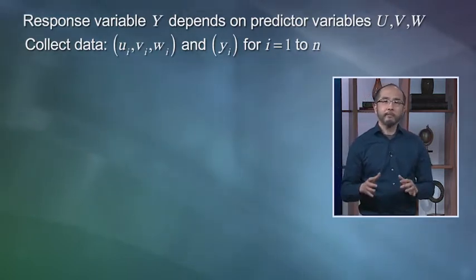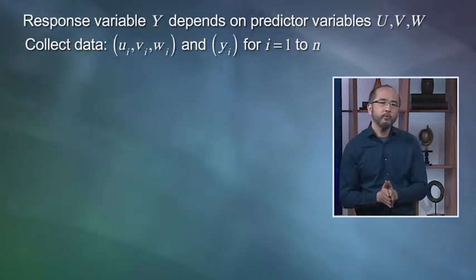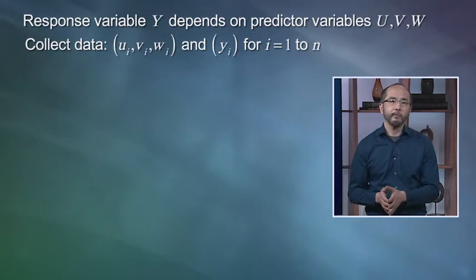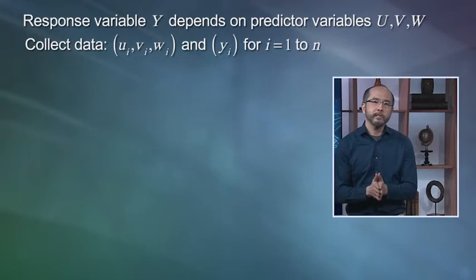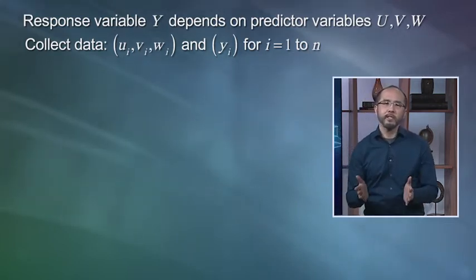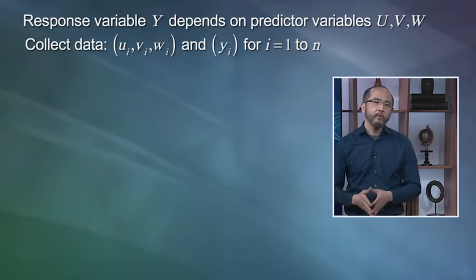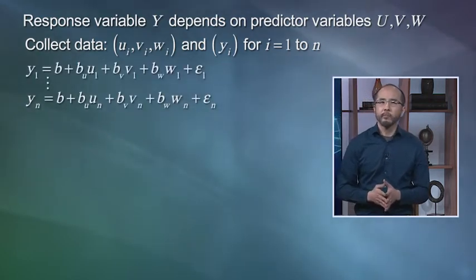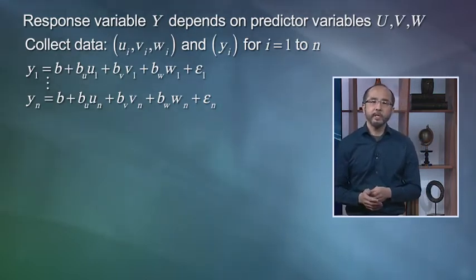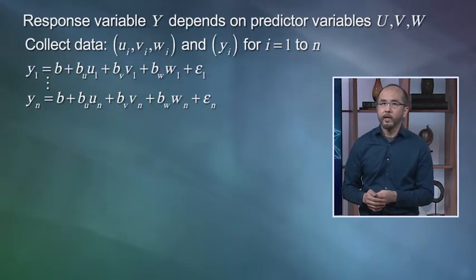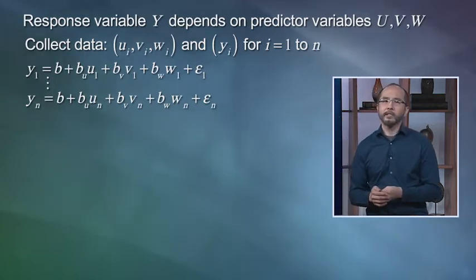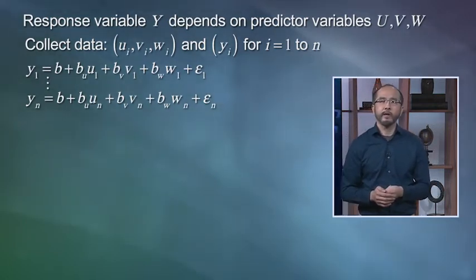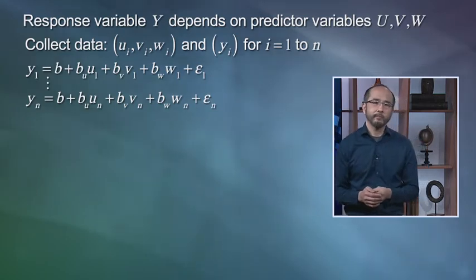Then, if there's something close to a linear relationship between y_i and the u_i, v_i, and w_i, we expect for some as yet unknown coefficients, let's call them b, b_u, b_v, and b_w, that y_1 should equal b plus b_u times u_1 plus b_v times v_1 plus b_w times w_1 plus epsilon_1, an error term. And we expect similar equations for the other data points with error terms epsilon_i in each of them.